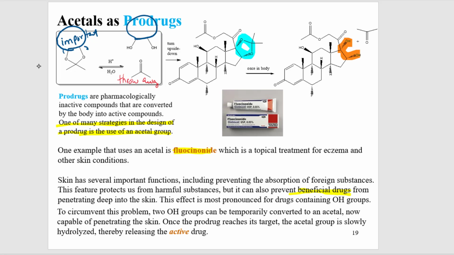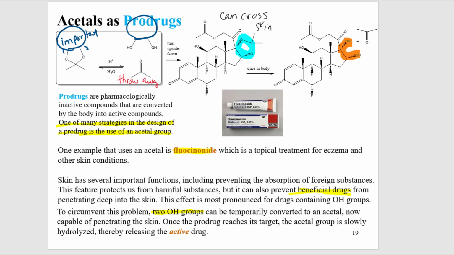So to circumvent this problem, the two OH groups that I've highlighted in orange to the right are temporarily converted to an acetal in blue using the throwaway acetone that's capable of penetrating the skin. So you're taking away the hydrogen bonding capability here. So this molecule as an acetal can cross your skin.